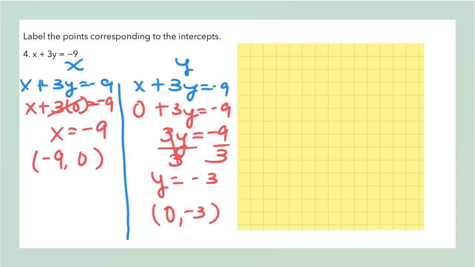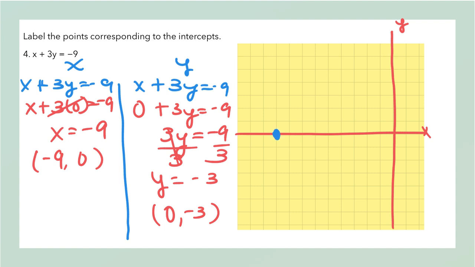And again, we're just going to graph it. This is a very crooked line. Maybe I should do it more over here because I have -9, right? This is going to be y, x, and we're going to have -9. 1, 2, 3, 4, 5, 6, 7, 8, 9.